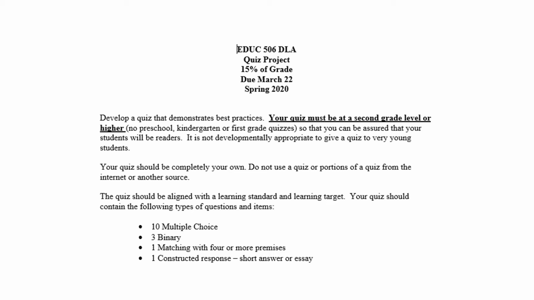So you need at least 4 premises on the left. And then it's good practice to put more than that on the right. So you tell students that there are more answers than can be matched, or something like that. 1 constructed response consisting of a short answer or essay. So don't use fill in the blank, use short answer or essay for your constructed response.